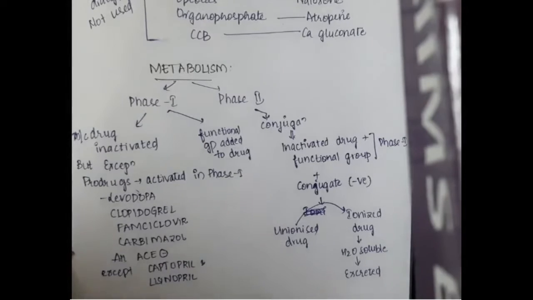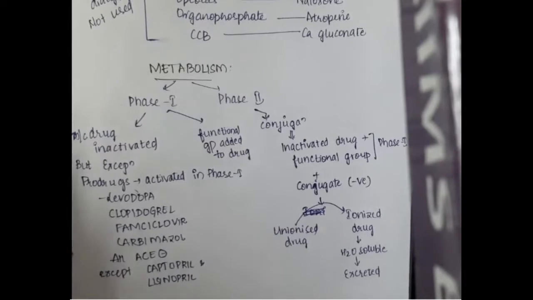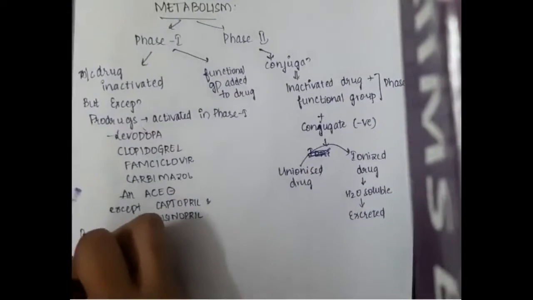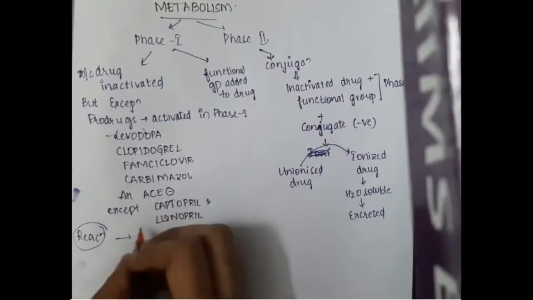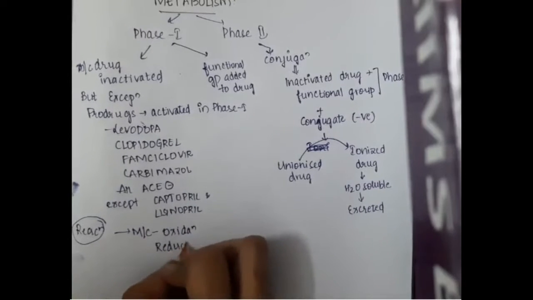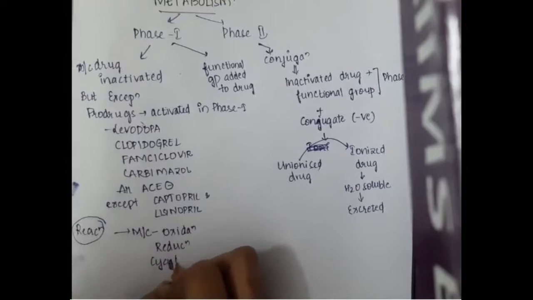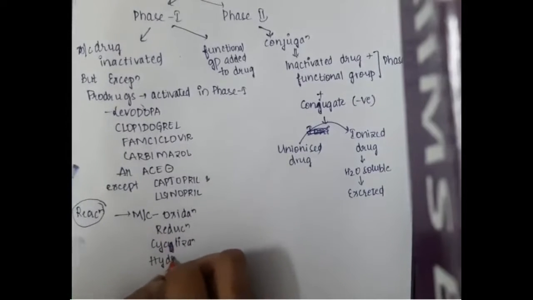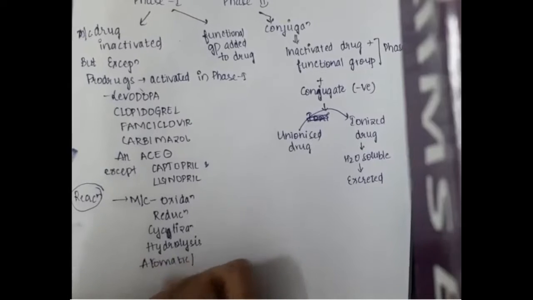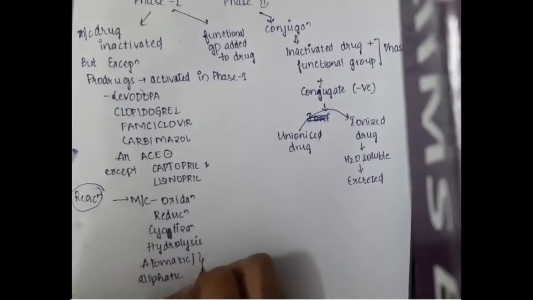So, there are certain reactions which occur in phase 1 and phase 2. Those are important. The reactions which occur in phase 1 are most commonly oxidation, reduction, cyclization, deamination, hydrolysis, and aromatic or aliphatic hydroxylation.